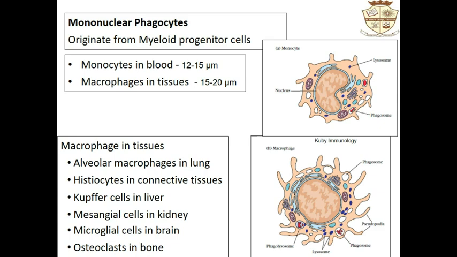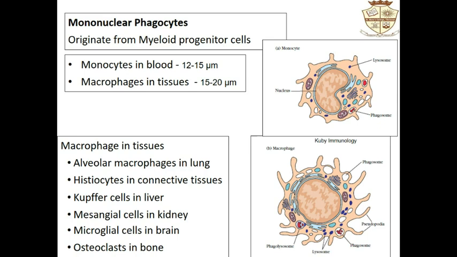The granulocyte monocyte progenitor cells will differentiate into promonocytes, and the promonocytes then leave the bone marrow and enter the blood, where they differentiate into monocytes. Monocytes then circulate in the bloodstream, and during this circulation they will enlarge and then migrate into the tissues, and in the tissues they will become macrophages.